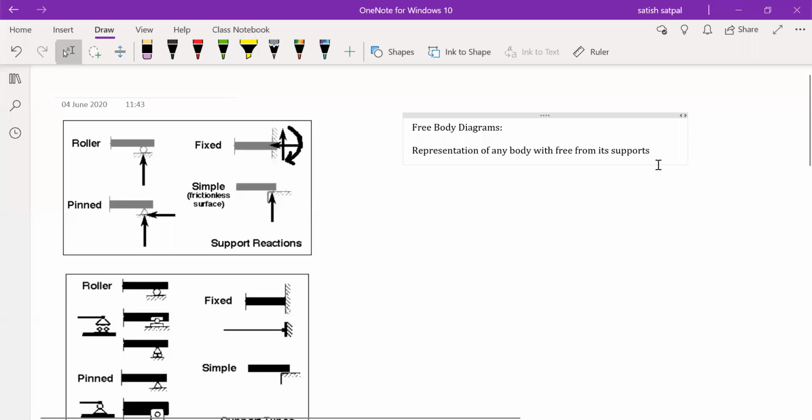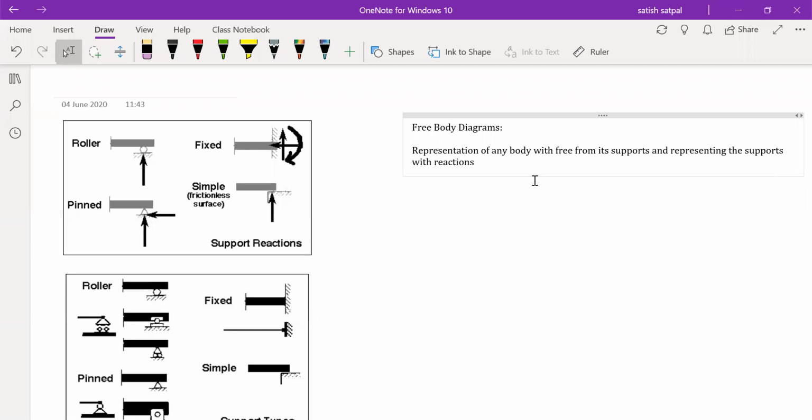Then those removed supports should be indicated by their reactions. That means the technical definition is: representation of any body free from its supports, and representing the supports with reactions.